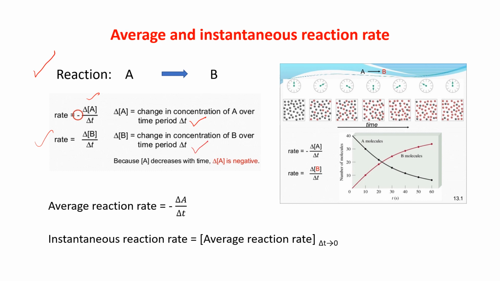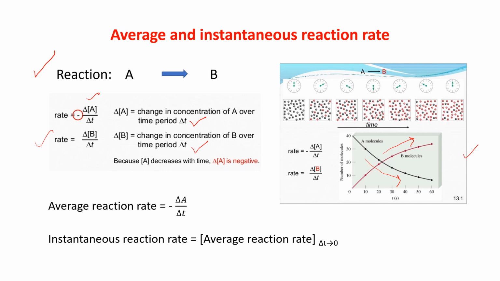Because A is decreasing with time, that is why delta A is negative. See the figure: the reactant is decreasing and the product is increasing. The concentration of A is decreasing and the concentration of B is increasing.